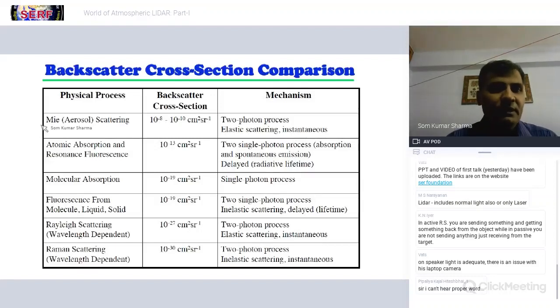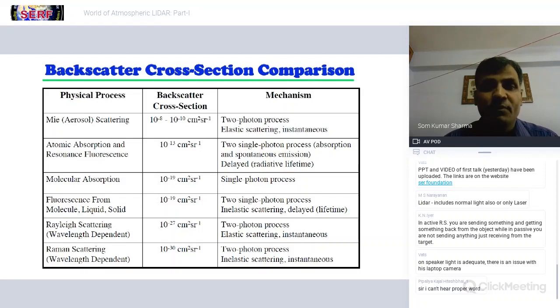Please remember, in the first row, Mie scattering which takes place from bigger particles like aerosol and soot, the scattering cross section is 10 to the power minus 8 to 10 to the power minus 19 centimeter square per steradian, and this scattering happens due to two photon processes. What the two photon process is, and what a single photon process is, is out of the scope of today's talk.